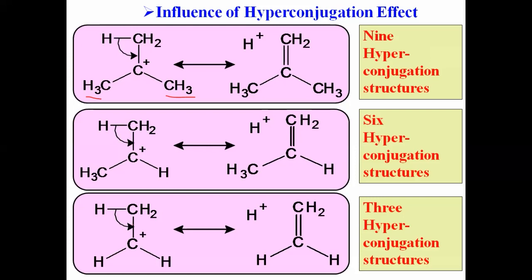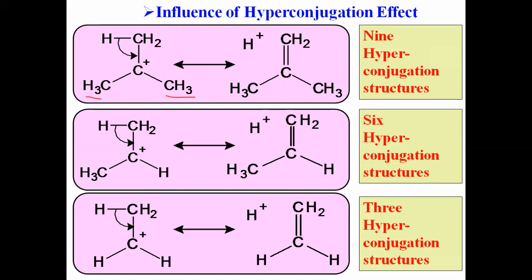And remember one thing: during hyperconjugation, there is a delocalization of electrons, and hence that species becomes stable. That species becomes stable due to the hyperconjugation effect. The more the number of hyperconjugation structures, the more the stability. Now, what about primary, secondary, and tertiary carbocations?